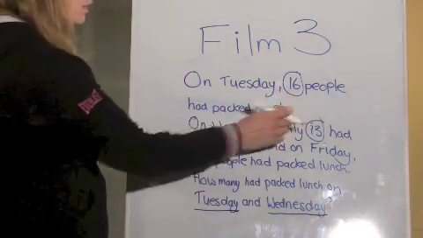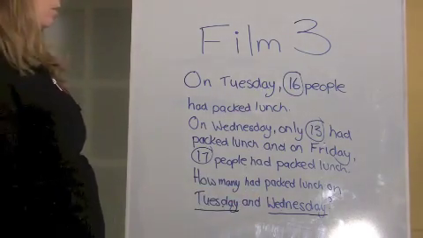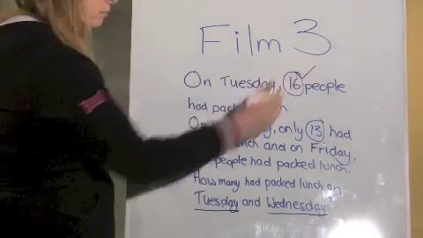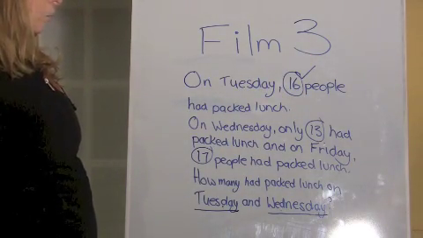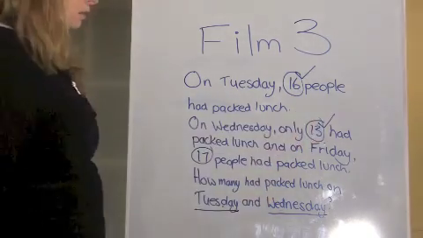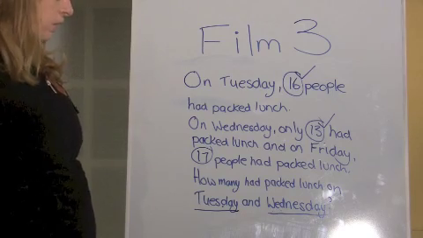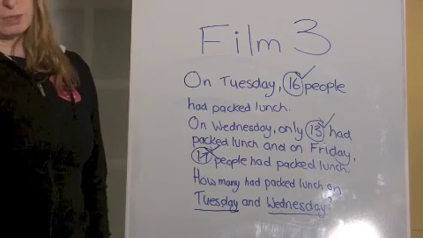So I've got 3 numbers here, but I'm only looking for 2, aren't I? So on Tuesday, we want that one. 16 people had packed lunch. And on Wednesday, 13 people had packed lunch. On Friday, 17 people had packed lunch. We don't need that one.